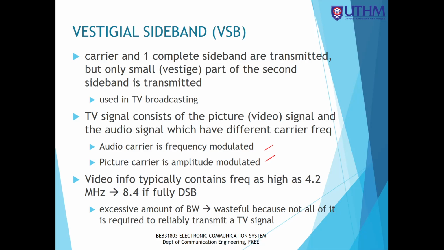The VSB helps to reduce the amount of bandwidth consumed to transmit both audio and video signals together. So we use this kind of modulation system to avoid waste in the bandwidth regions.